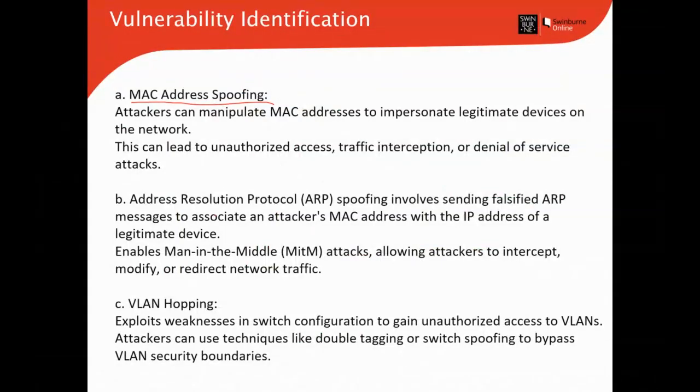Yeah, so that's an Address Resolution Protocol falsified ARP message attack. So it's the same kind of thing as MAC address spoofing. We can do a man-in-the-middle attack or an on-path attack, they call it nowadays.